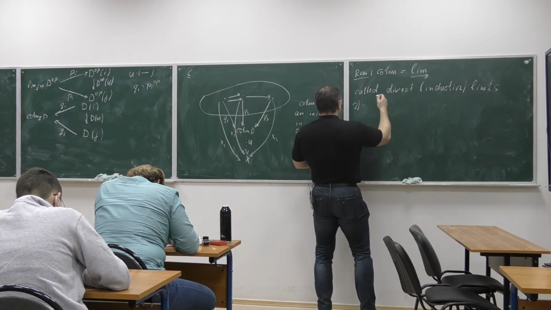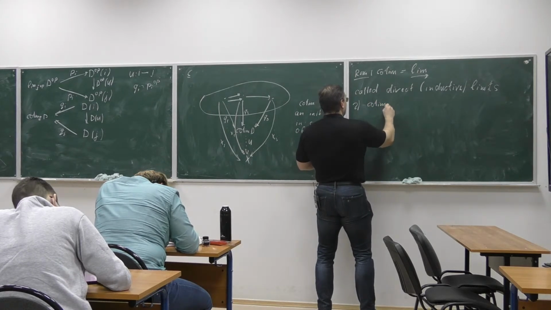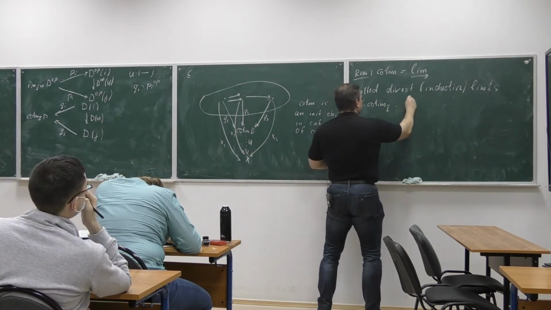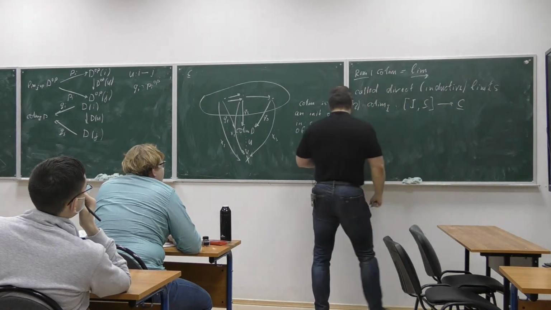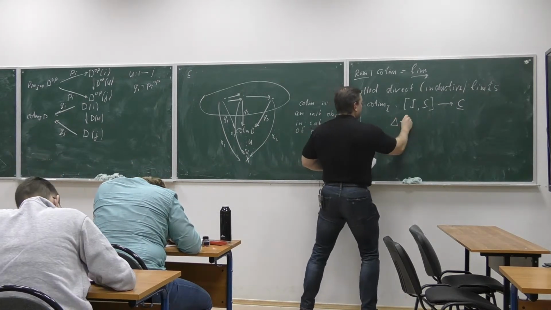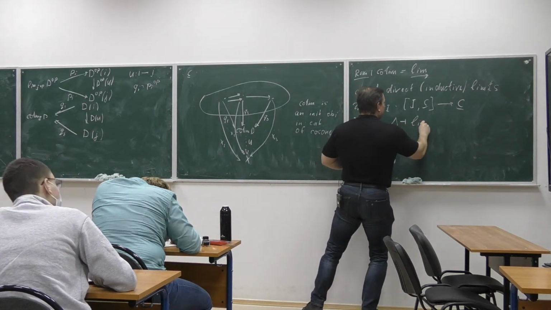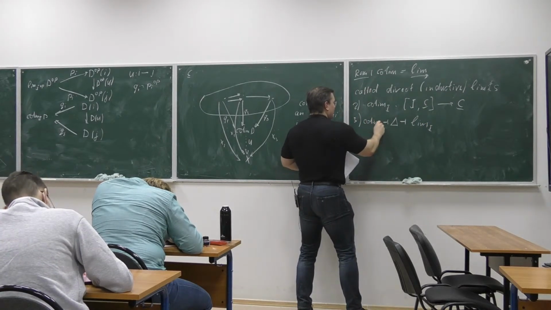As before, and as follows from the definition, co-limit is actually a functor from the category of functors to the category C. And now for the delta functor, we have limit, which is the right adjoint, and the co-limit is the left adjoint.